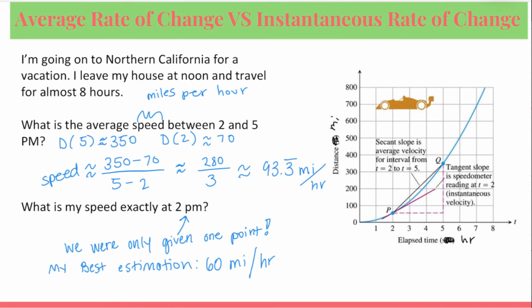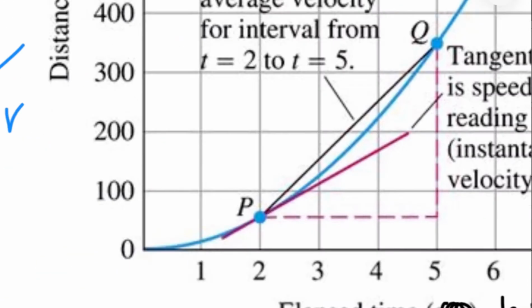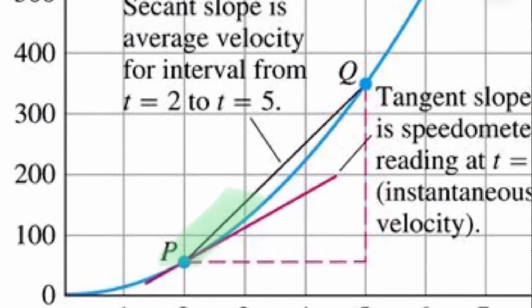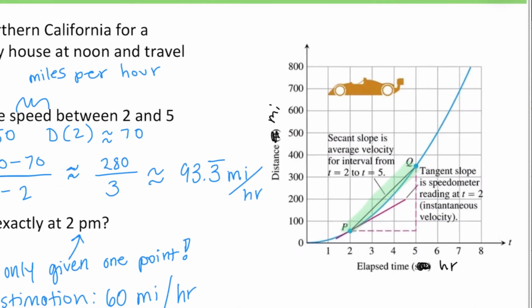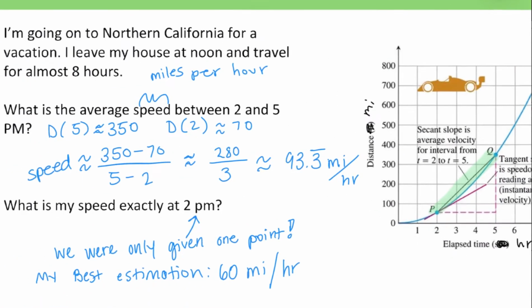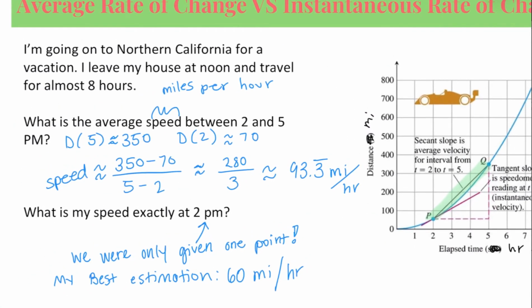Since speed is in miles per hour, I found the change in y over the change in x. I found the slope of this line that connects those two points. I estimated the distance at 5 p.m. to be about 350.